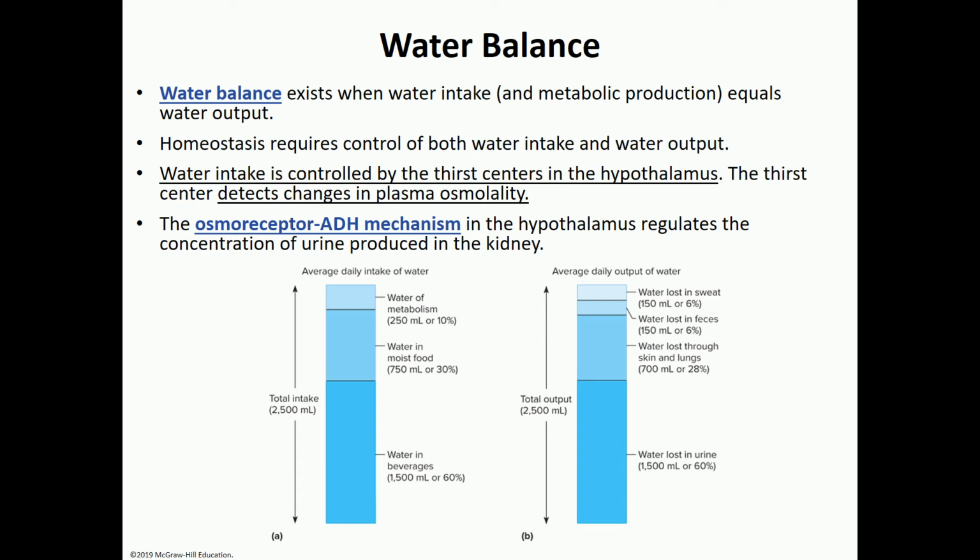These are receptors that detect changes in the osmolality of blood, which means, in plain English, it detects if the blood is too concentrated with salt or if it has been diluted from salt. Okay, so again, the osmoreceptors detect changes of osmolality of blood.